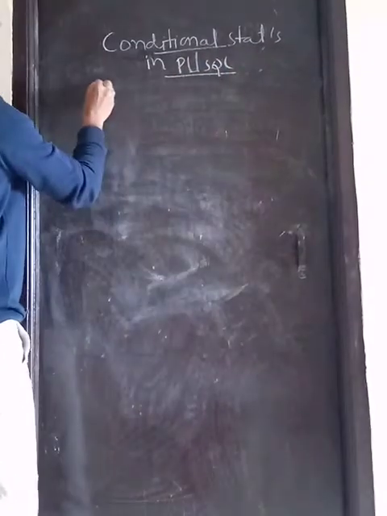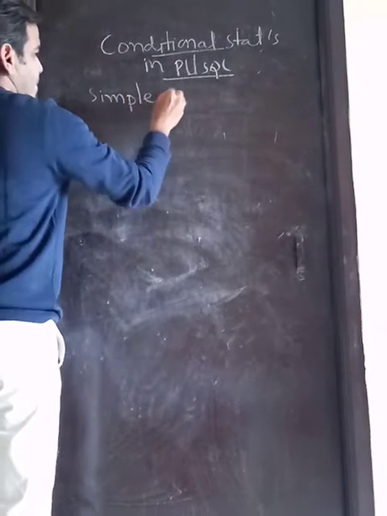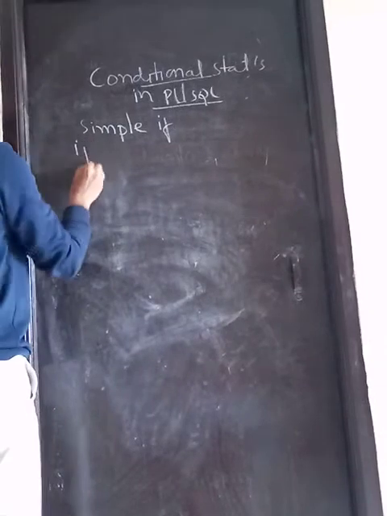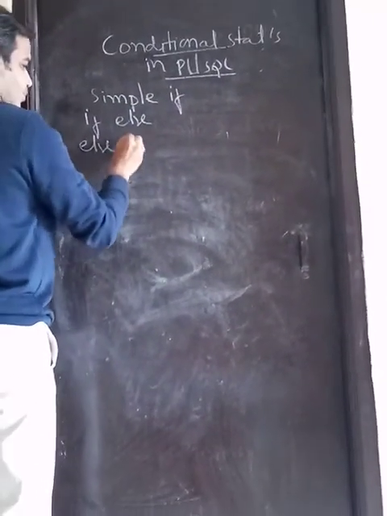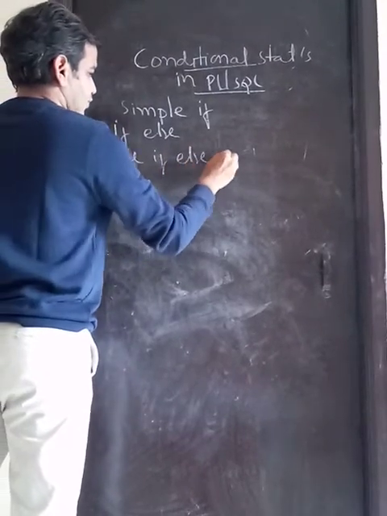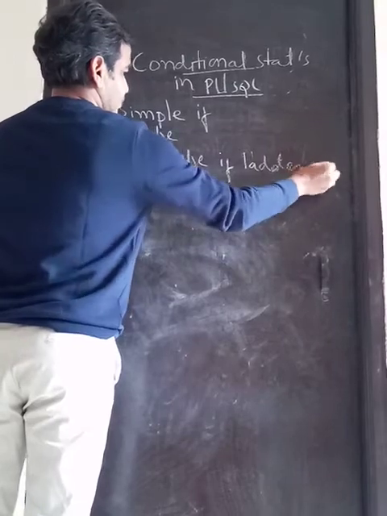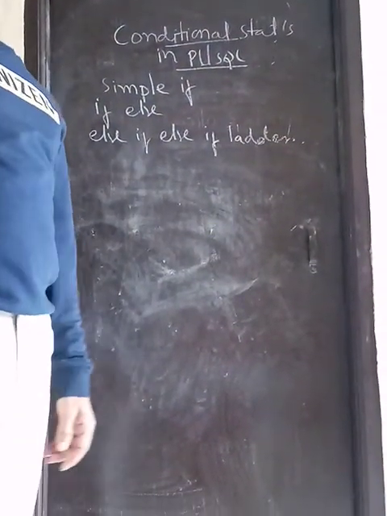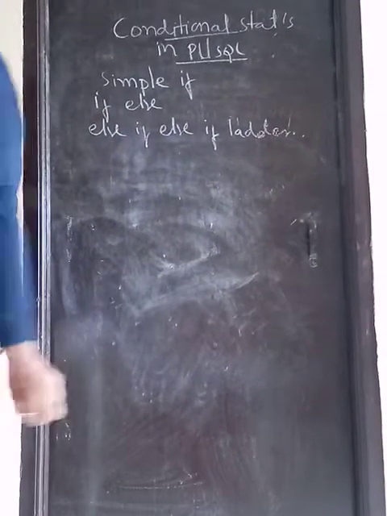First one is simple if. Second one is if else. Third one is else if ladder. So these are the main three conditionals which we are using in PLSQL. First of all we will see simple if. Okay, first of all we will see syntax.